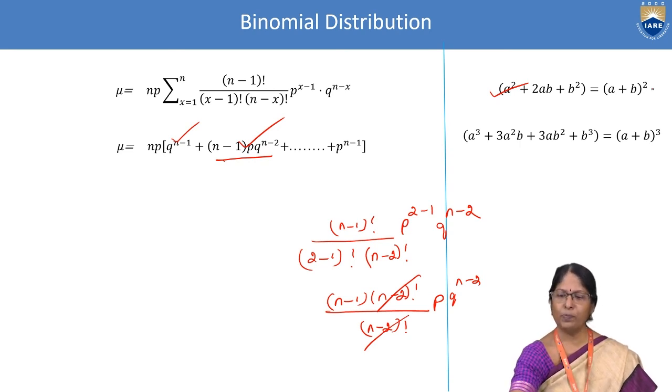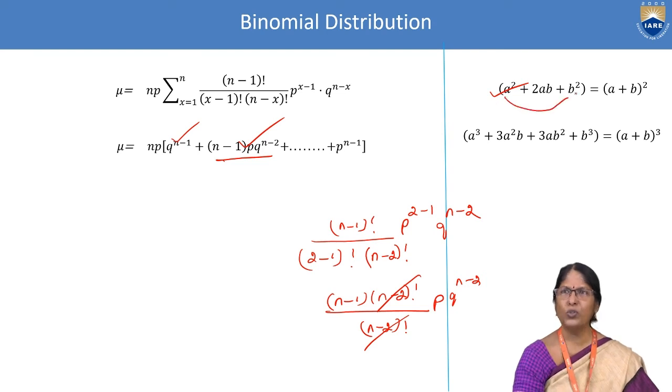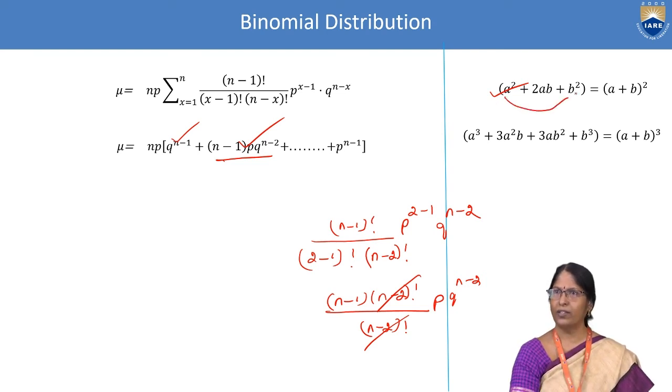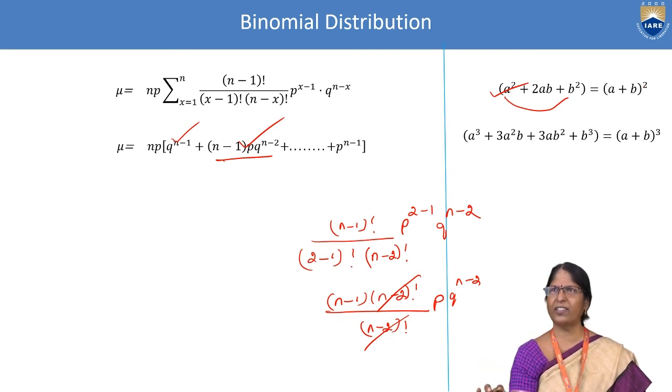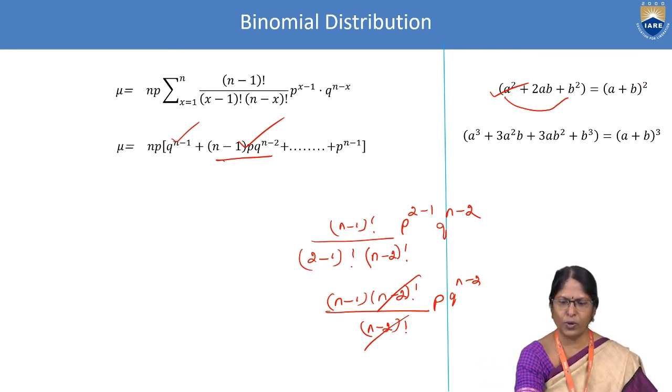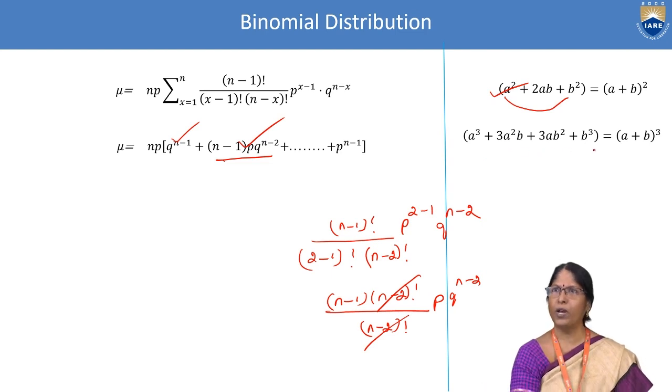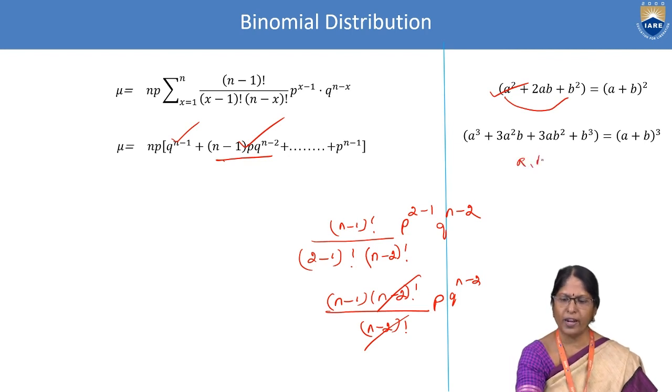That is a plus b the whole square. Here how many variables are there? 2 variables, a and b. The highest power of the variables is what? 2. So we write a plus b the whole square, a simple logic, a simple technique in that formula. Here also, a cube plus 3a square b plus 3a b square plus b cube. How many variables are playing the role? 2 variables, a and b.